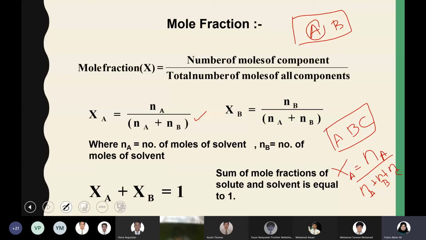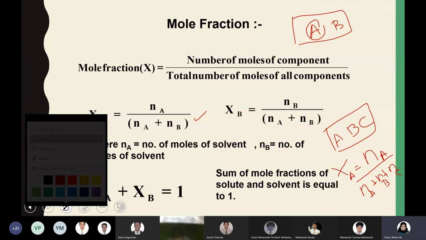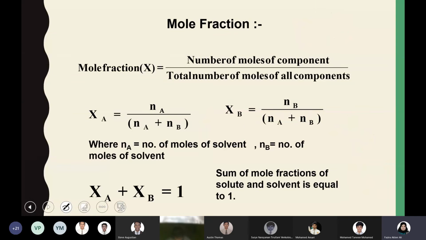That depends on how many different components are there in your sample. Usually we discuss binary, A and B, 2 different components, so you can individually find the mole fraction of A and of B. The important point is that the sum of the mole fractions of the solute and solvent will be equal to 1.